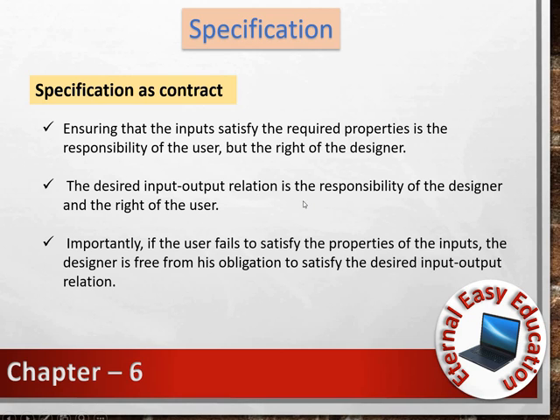The desired input-output relation is the responsibility of the designer and the right of the user. That means if we are saying A and B, and B should not be 0, the designer is taking the responsibility to write the instruction to insist that the second integer should not be 0.